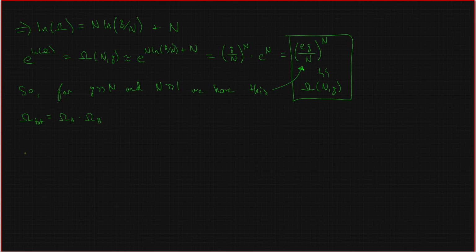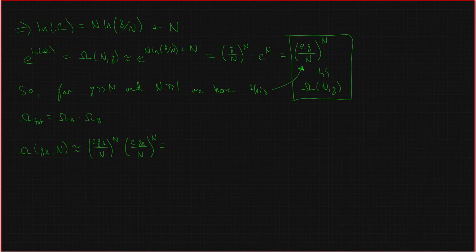Okay, so let's calculate what this is in terms of this approximated multiplicity function here. So we'll write our total multiplicity like this, approximate it as e q_A over n to the n, times e q_B over n to the n. q_A just corresponds to the number of energy units in oscillator A, and q_B is just the number of energy units in oscillator B. And don't confuse yourself when you walk away from this for a few days and come back and see an e here and think that it has anything to do with electric charge or something like that.